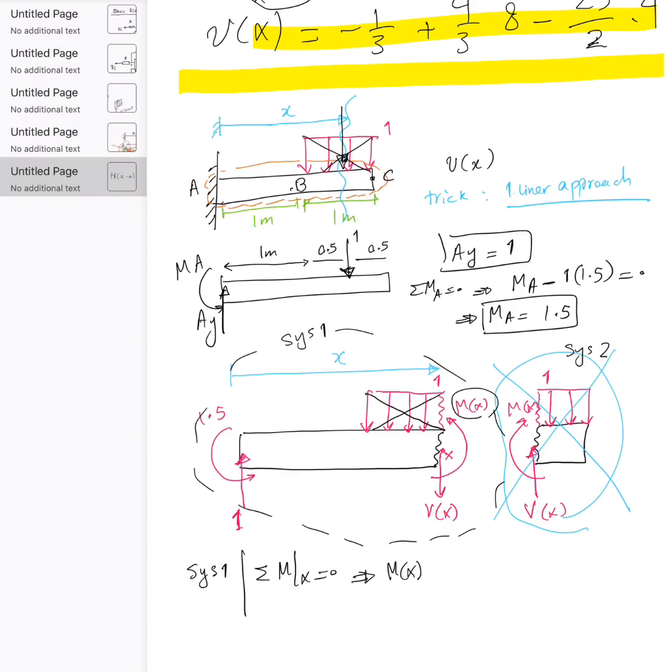When you want to draw a moment diagram, you should not replace the distributed load with a point load. You have to consider the distributed load, and after you cut it, then it becomes external load to each system. Then after you cut it, you can replace it with a point load, exactly like the way I'm doing it right now. And you have done this before in the previous chapters you covered in class.